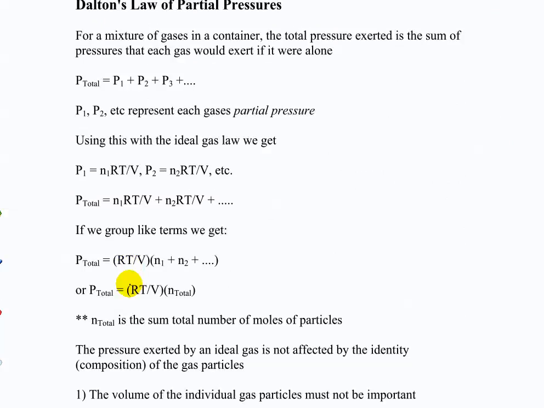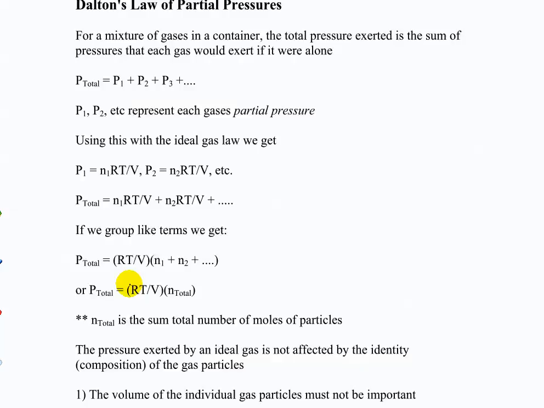So that brings us to one of the simplest and easiest laws that we've talked about so far, Dalton's law of partial pressures. This is perhaps the most common sense law of all of the laws. All it says is the total pressure is the sum of the individual partial pressures of the gases. The only tricky part is it breaks this down into something called partial pressure, which we haven't talked about before.